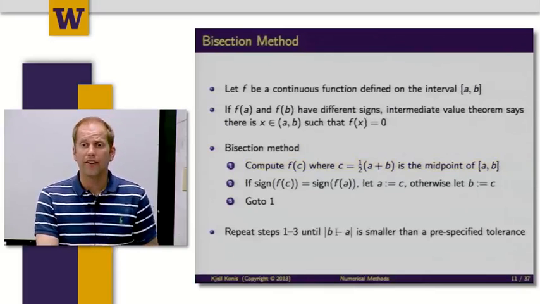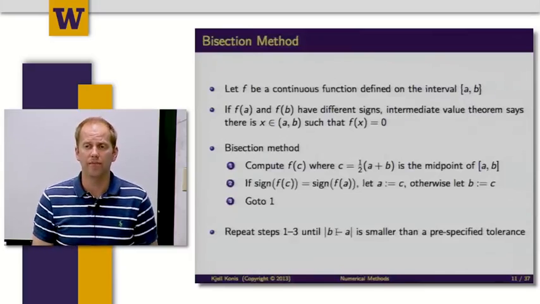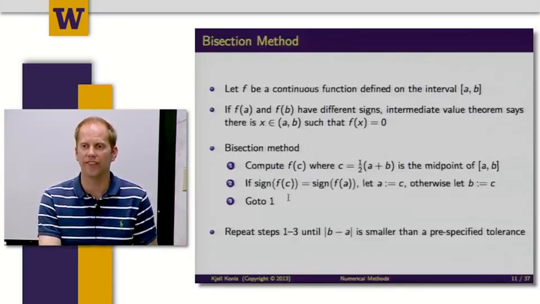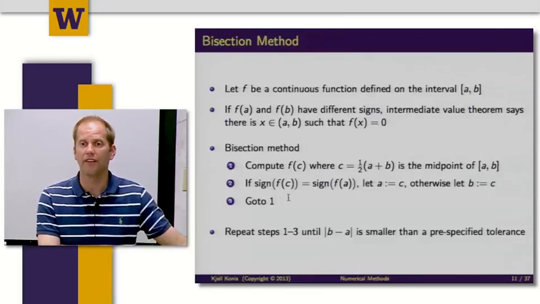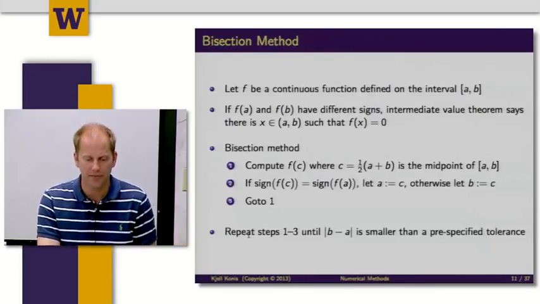For an algorithm like this, which is automated, you need to have a stopping condition, because any interval I can cut in half. If I just programmed this using steps 1, 2, and 3 the way I've written them here, it will just run forever. It will get a very small interval, but it's still going to keep going.